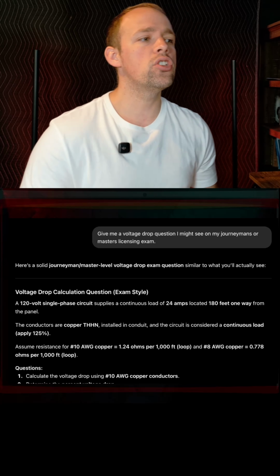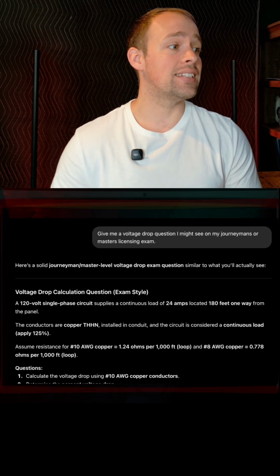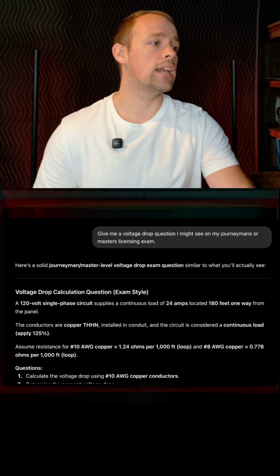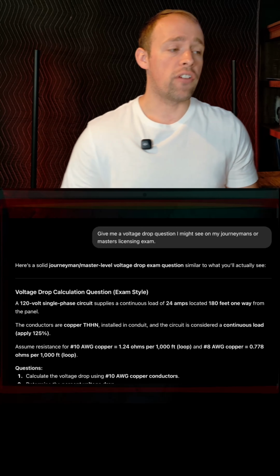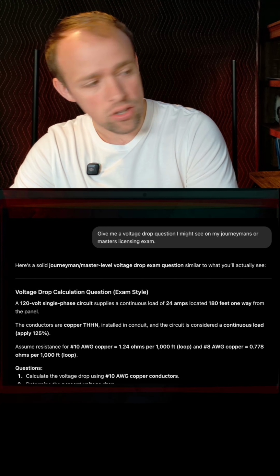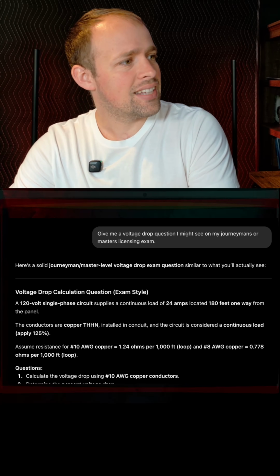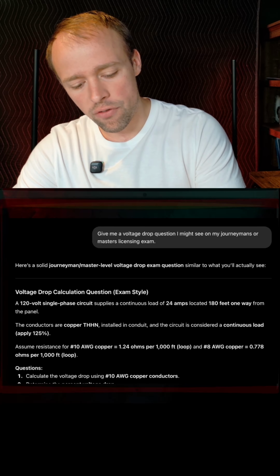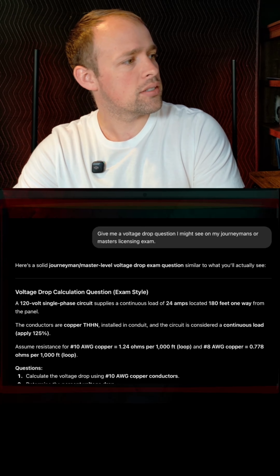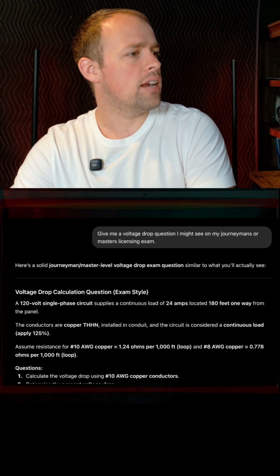It says a 120 volt single phase circuit supplies a continuous load of 24 amps located 180 feet one way from the panel. I'm going to write down all these details. So 120 volt single phase, 24 amps continuous, located 180 feet away from the panel.